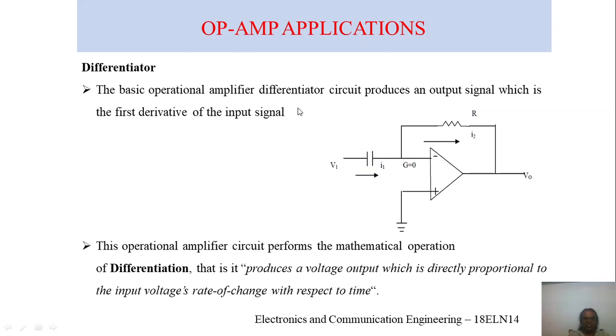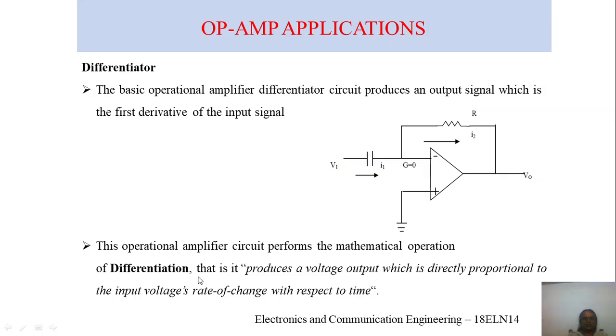So the differentiator is basically an operational amplifier circuit which produces an output signal that is the first derivative of the input signal. The operational amplifier circuit will perform the mathematical operation of differentiation. That is, it produces a voltage output which is directly proportional to the input voltage's rate of change with respect to time.